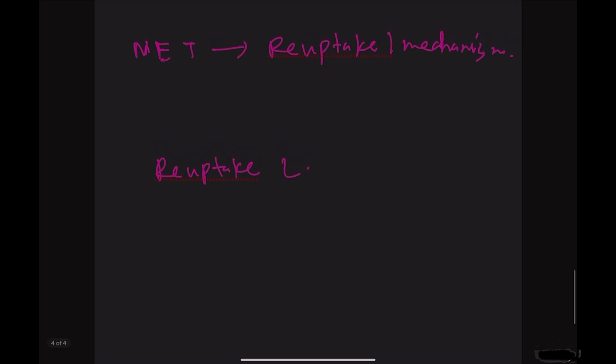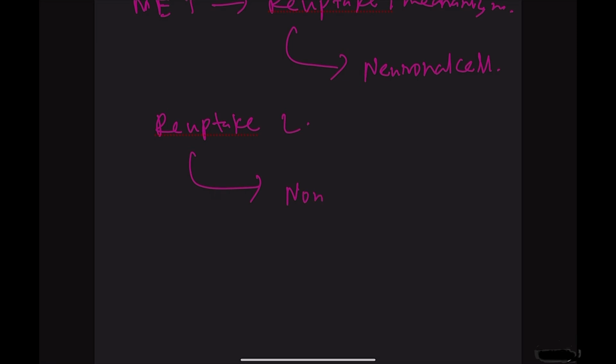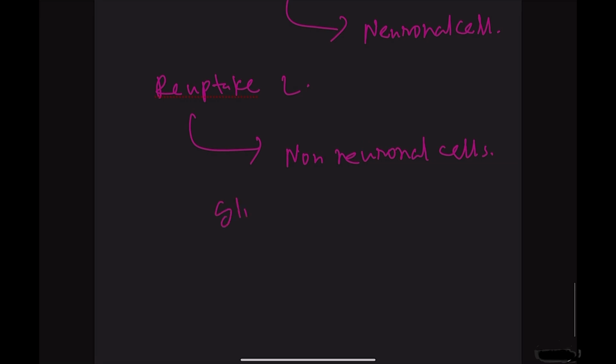Okay, so reuptake 1 is located in the neuronal cells, so it reuptakes the norepinephrine into the neuronal cells, but reuptake 2 is located in the non-neuronal cells like glial cells and smooth muscle.